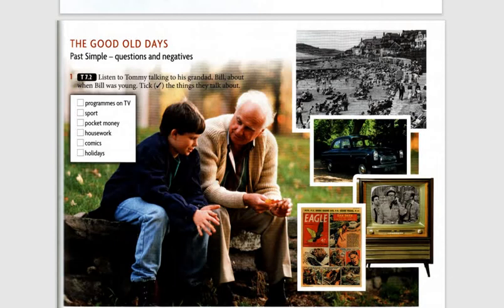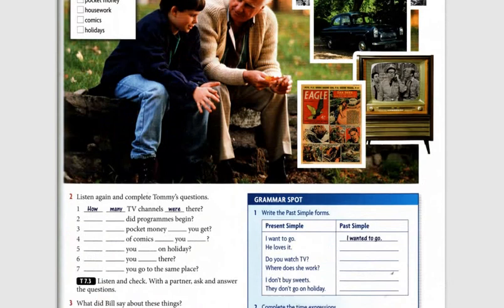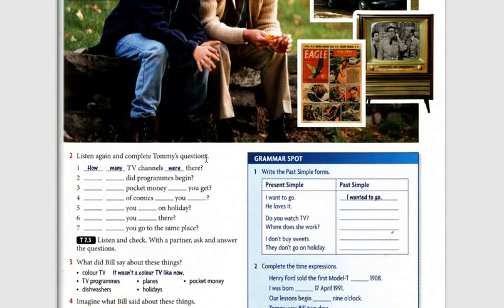So in this exercise we have to fill these blanks with the correct auxiliary verbs and also the correct WH question. So you can listen once again to this conversation and try to complete these questions with the suitable words.